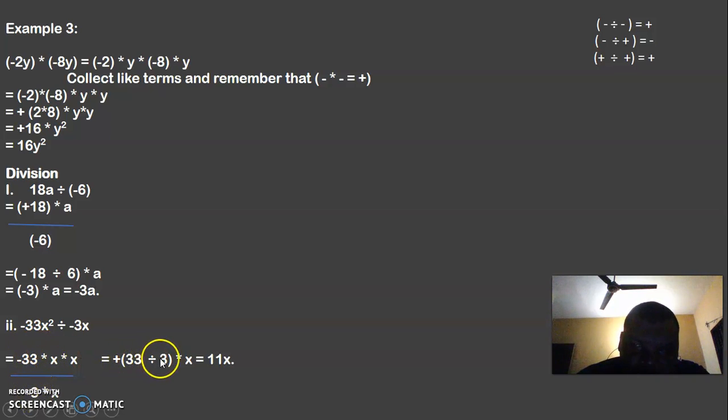So plus 33 divided by 3 times x, and 33 divided by 3 is 11, since 3 times 11 is 33. So 11 times x gives us 11x.